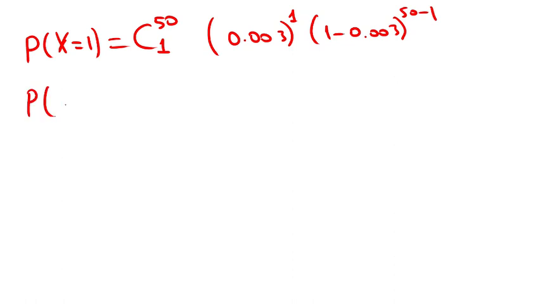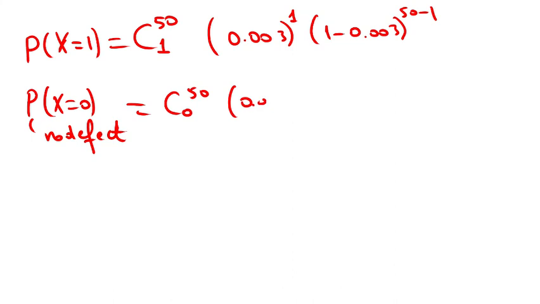Similarly, for the probability that X is 0, this one is no defect. That means out of 50, 0.003 to the power of 0, times 1 minus 0.003 to the power of 50 minus 0. You can calculate it in Excel.